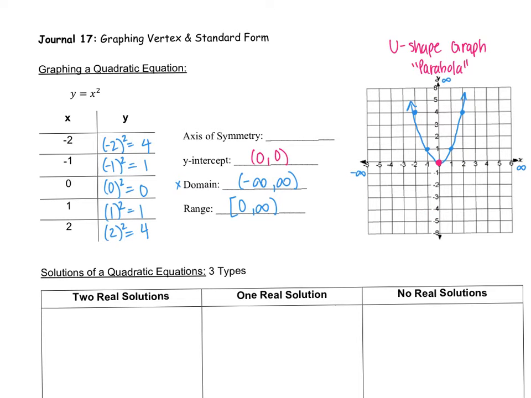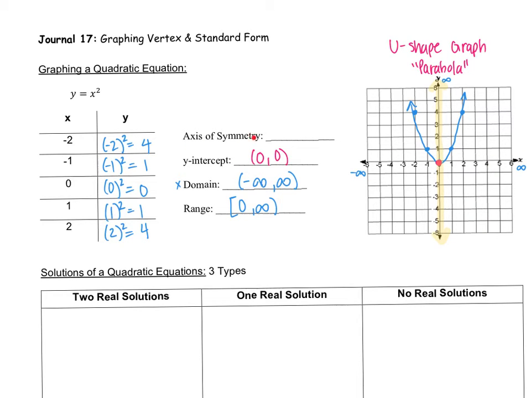Another new vocabulary we'll be learning is axis of symmetry. You can kind of see with a parabola, there's like a mirror of symmetry across the y-axis. So our axis of symmetry is going to be along right here, along the y-axis. And notice that it cuts the x-axis at x equals 0.